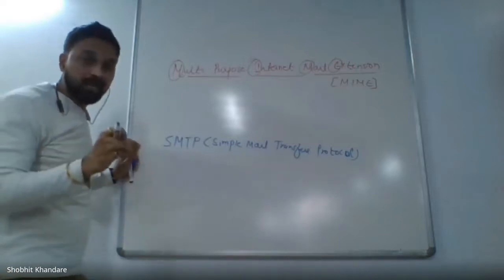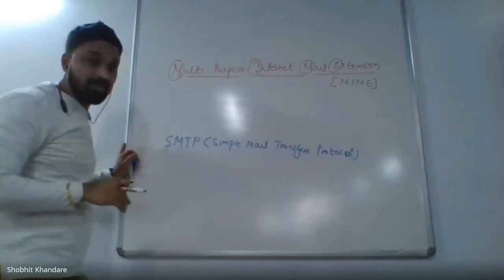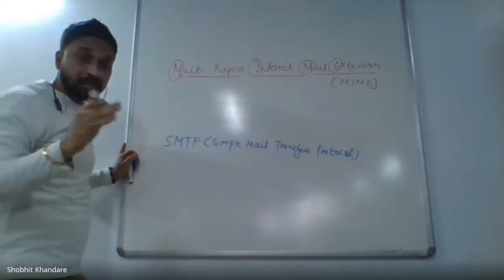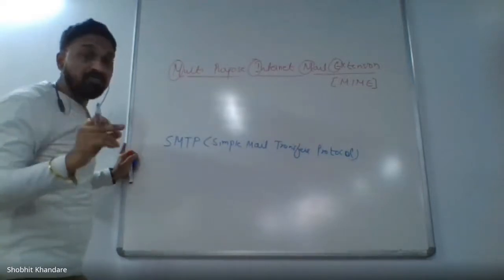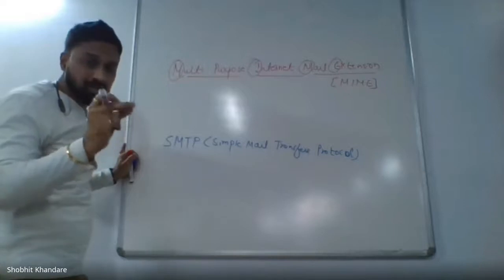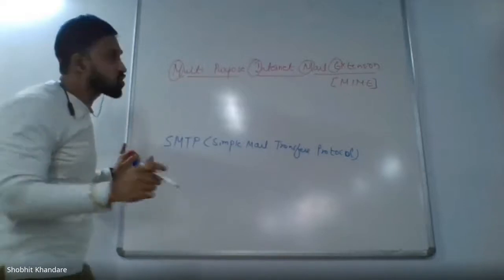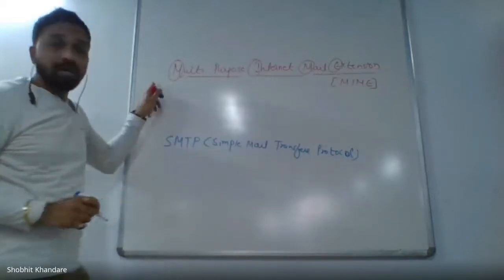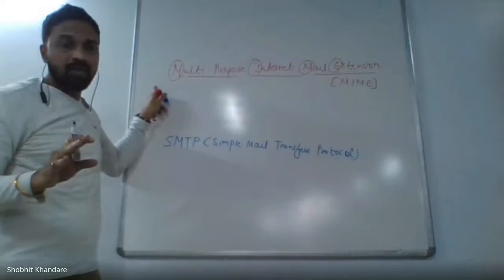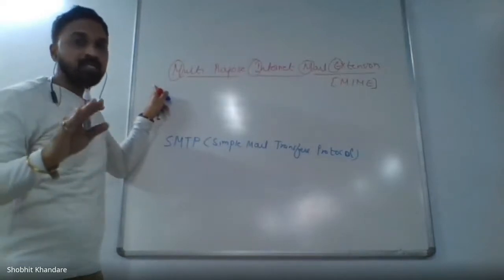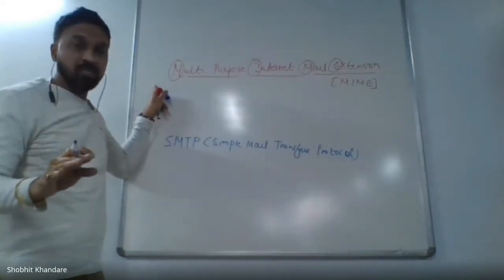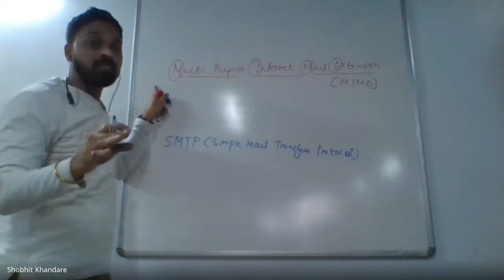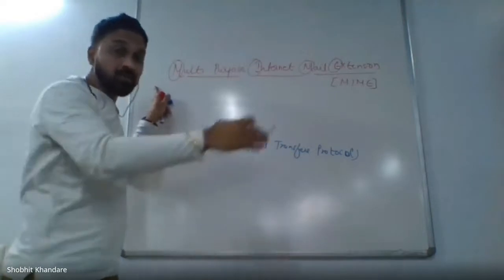Now, to take care of such non-ASCII messages which do not have a corresponding ASCII representation, we have an extension, and that extension is called MIME. So MIME is not a protocol. It is an extension used for non-ASCII representation of the messages which I need to transmit through the mail.